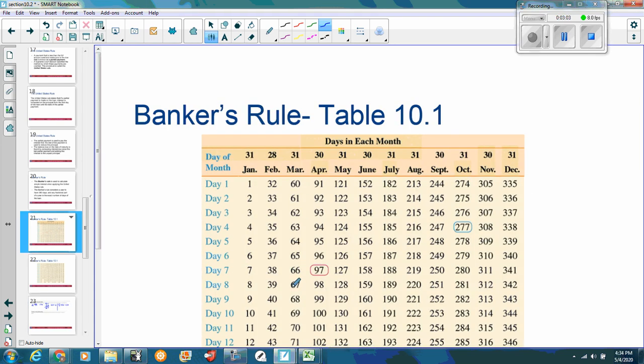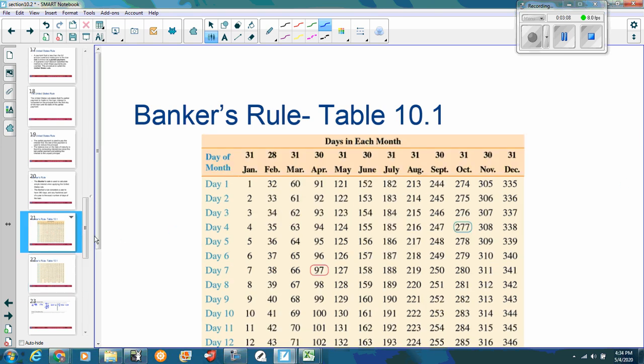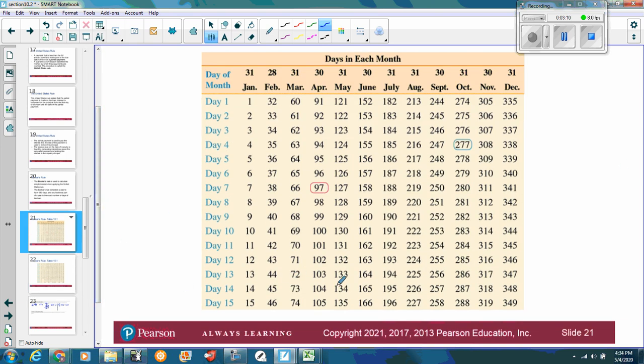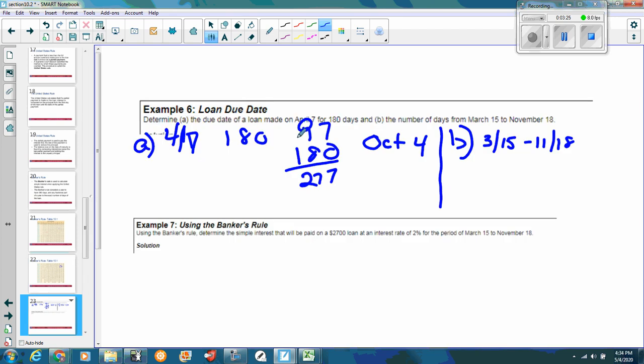March 15th is day 74, and November 18th is day 322. So all I would do is go 322 minus 74. That's 248 days. Again, I'm just using the chart.